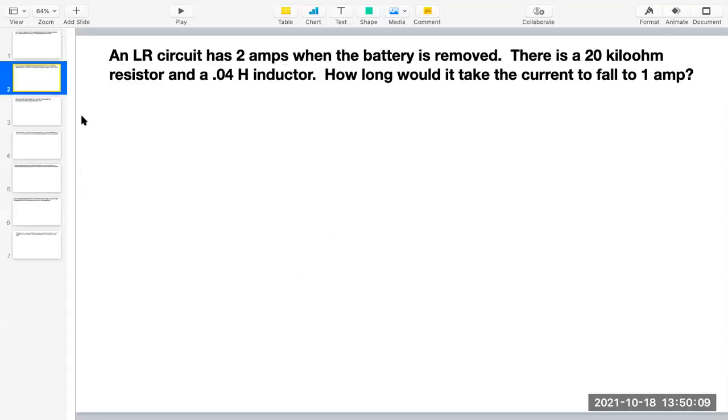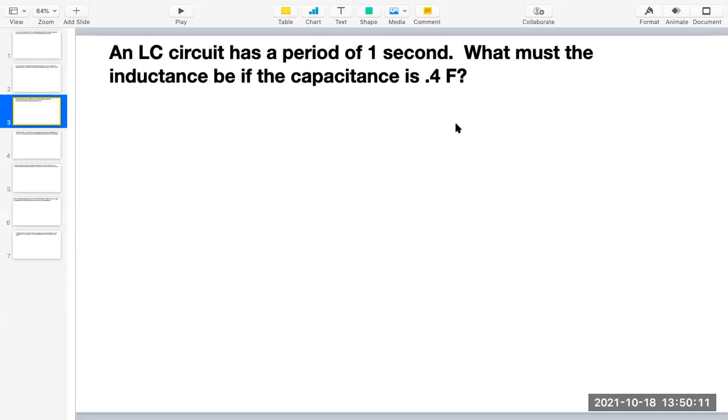And let's work with circuits that have inductors and capacitors. So you know the period. What must the inductance be?